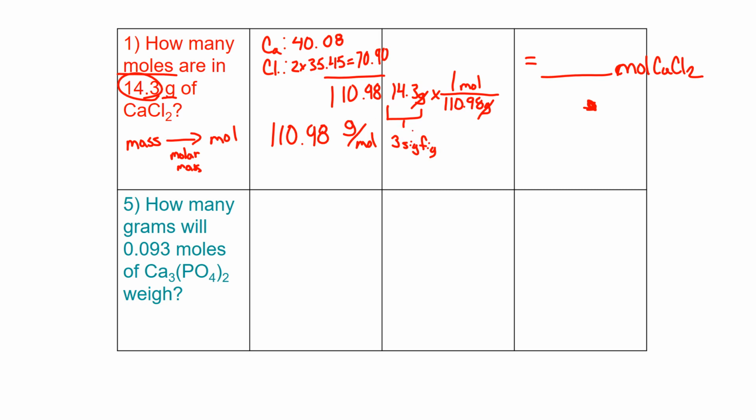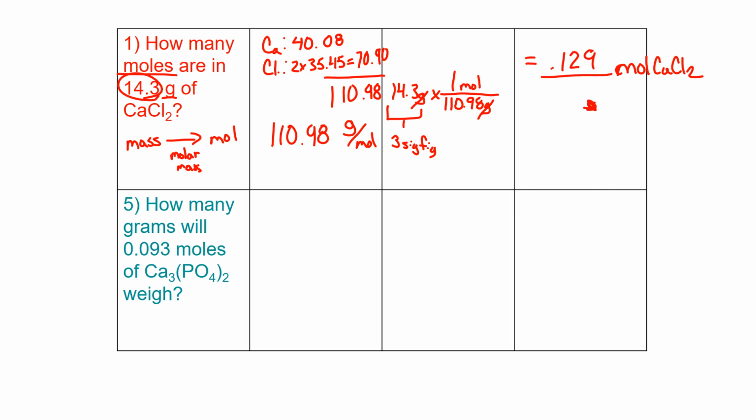I'm taking 14.3, dividing it by 110.98. And what do I get for my answer in 3 sig figs? 0.129 moles of calcium chloride.